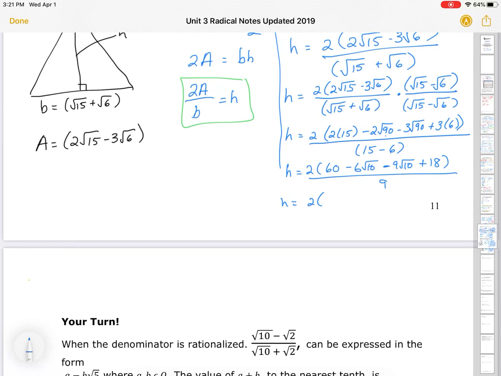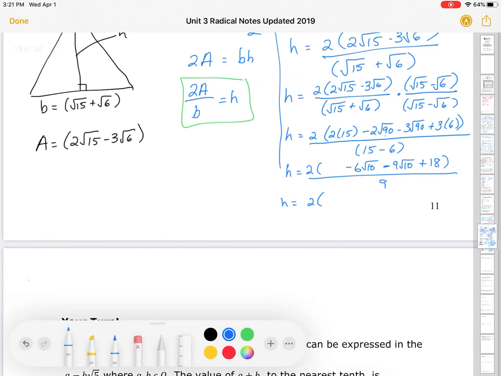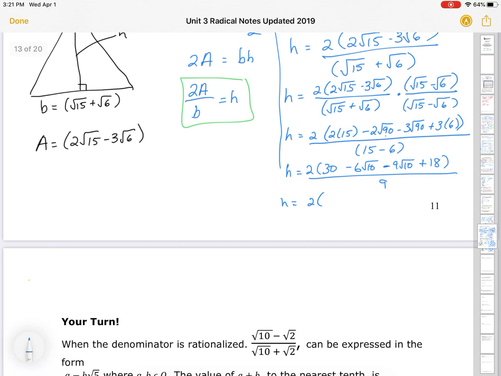So simplifying this further, 2 times, well, 60 plus 18. Why did I get 60? This is actually 30, isn't it? You're probably all saying, Miss, where did you get 60 from? And I don't know. 30 plus 18 is 48. And here I have negative 6 and negative 9, which is negative 15.